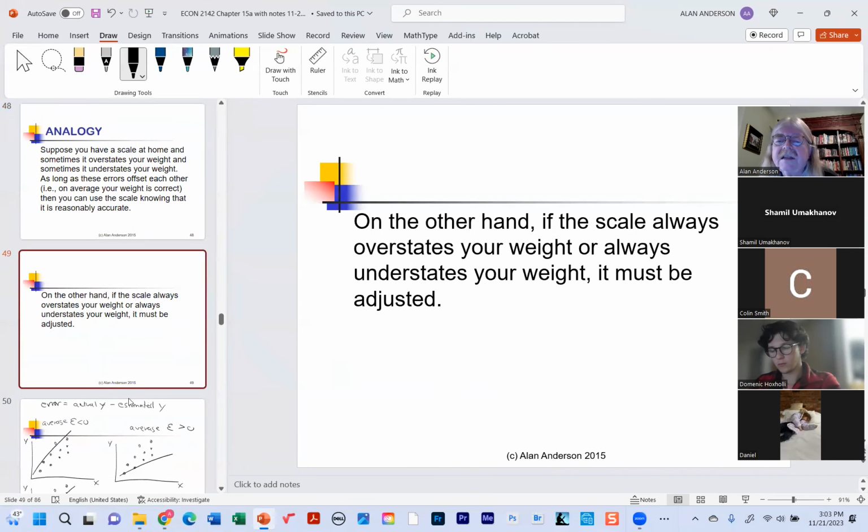As opposed to, let's say the scale is always too high or too low, then you can't use it anymore. You have to adjust it because otherwise your results are not very helpful. You might say, listen, what's going on here? How come it shows me at 250? I can't be that heavy.